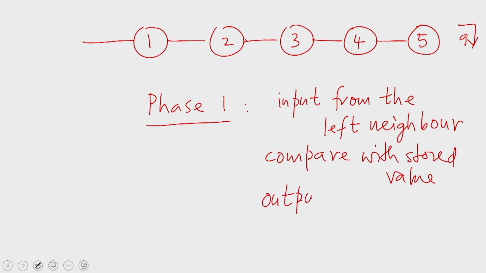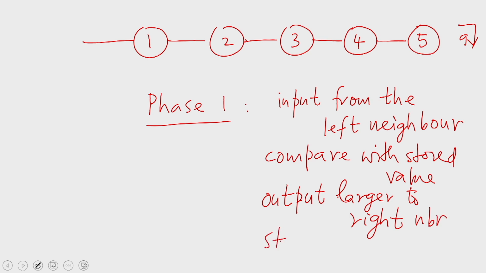Output the larger to the right neighbor. And store the smaller value locally. So this is what the processors do repeatedly.